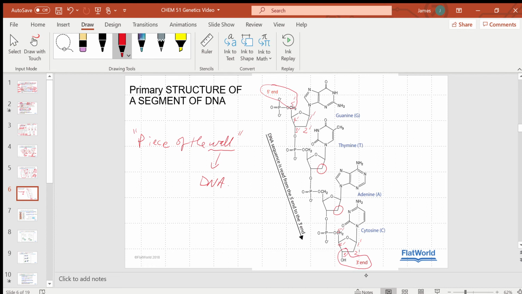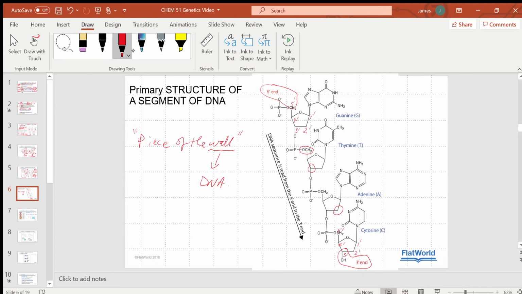Why not just call it the 5' end? Well, look at how each brick is laid. Notice that we have a brick, or a nucleotide, that connects from the 5' end to the 3' end.